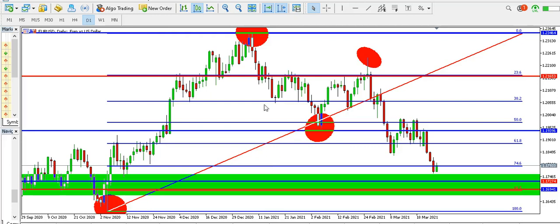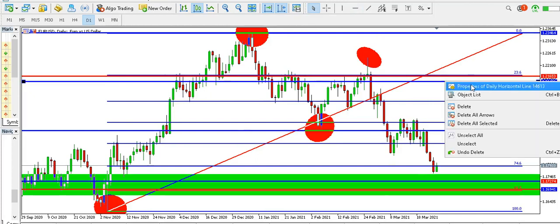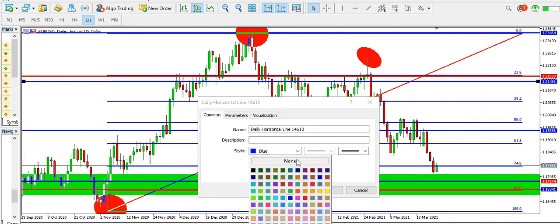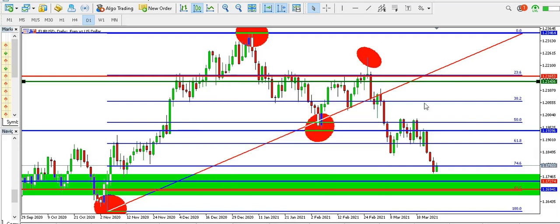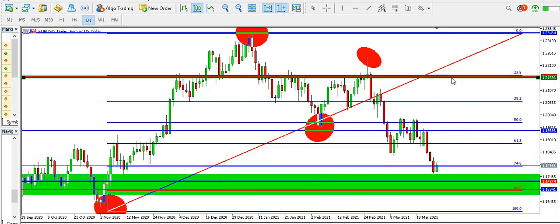All right, so I'm going to mark horizontal lines with green on the levels, changing the horizontal line to green color. Okay, green horizontal lines. We have the 23.6 Fibonacci level on the daily time frame here.